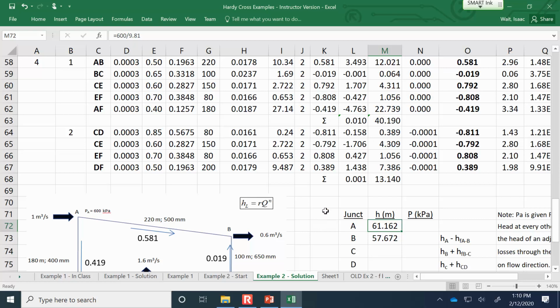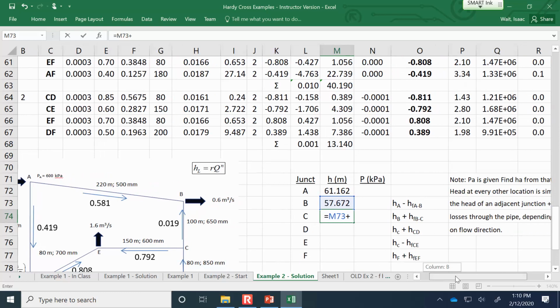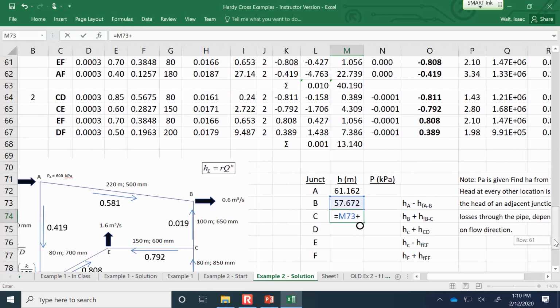And then we follow the same process for junction C, except that since we're going opposite flow, the head will be higher. So the head at junction C is the head at B plus the head loss through the pipe, because we're going against the flow direction, and if you're going against the flow direction, that means that the pressure and the head is going to be higher at junction C. So plus the head loss through BC.